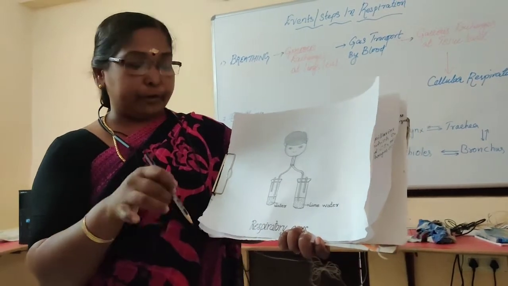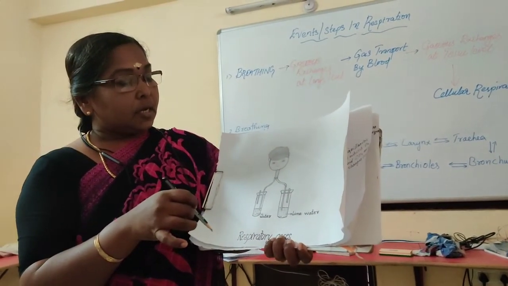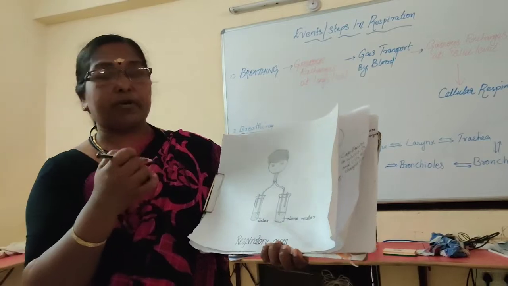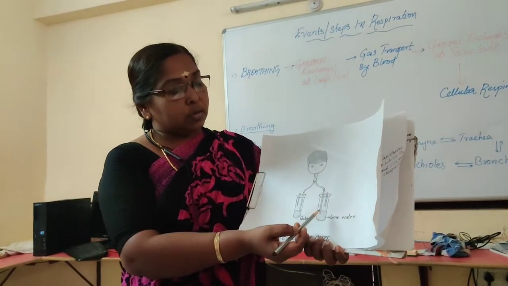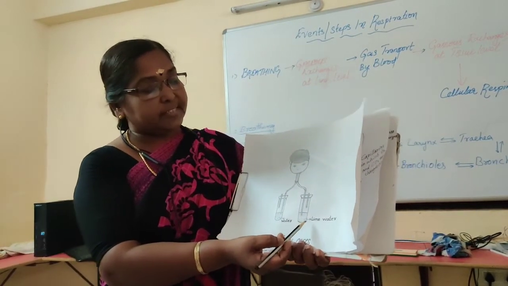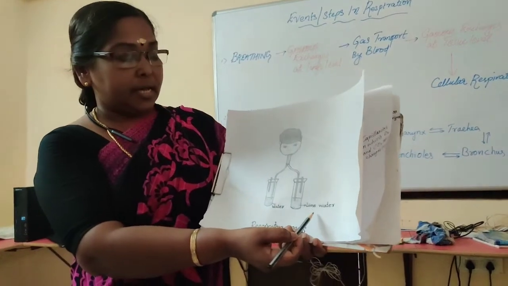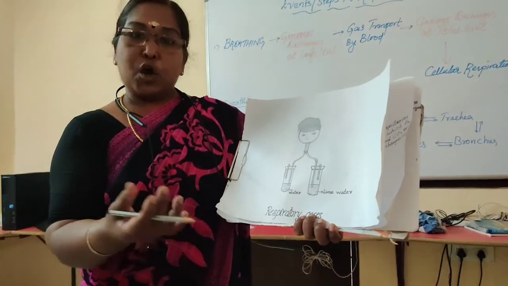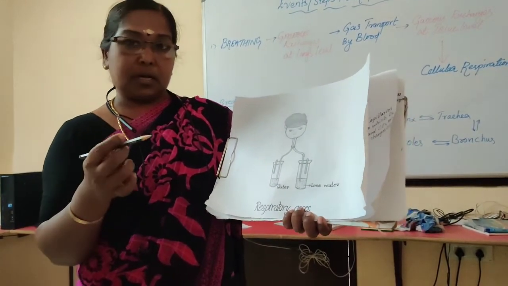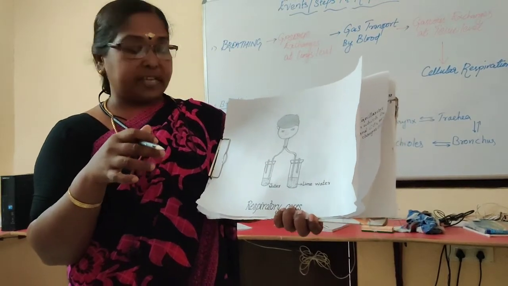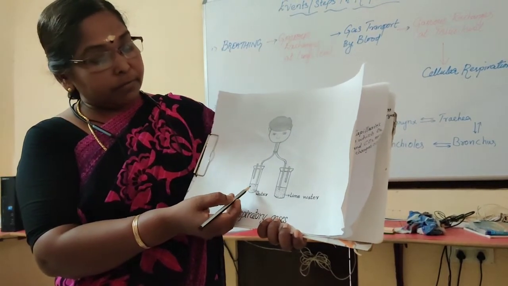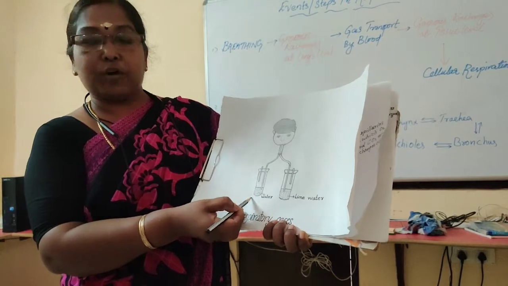We introduce the air from our mouth into the test tube filled with lime water, and normal air is introduced through the syringe into the test tube filled with water.